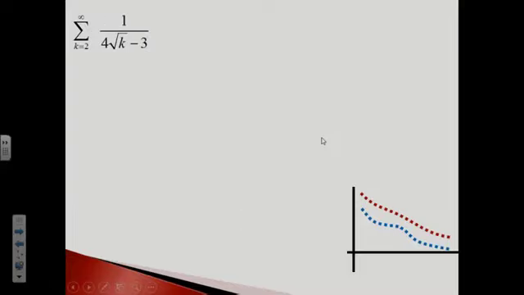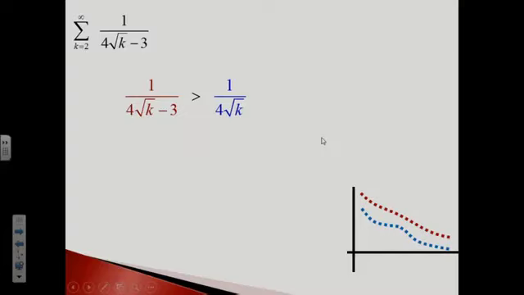Test the series sigma 1 divided by 4 multiplied by square root of k minus 3 for convergence. We have 1 divided by 4 square root of k minus 3 is greater than 1 divided by 4 square root of k for all k greater than or equal to 2.